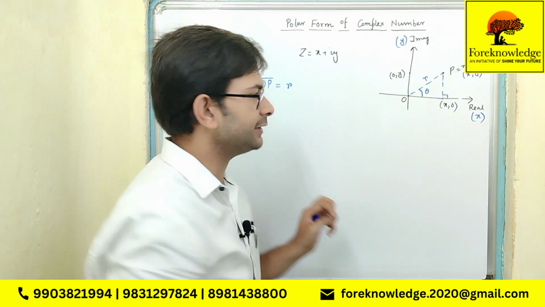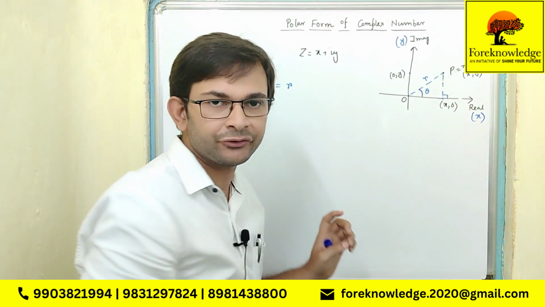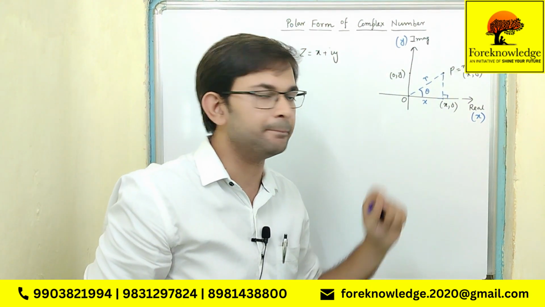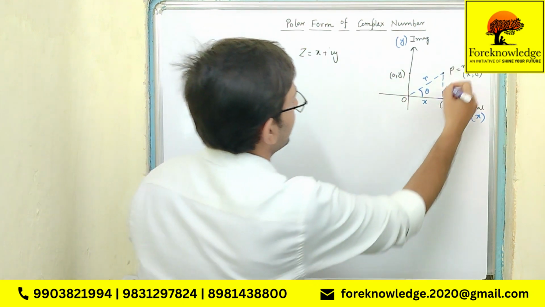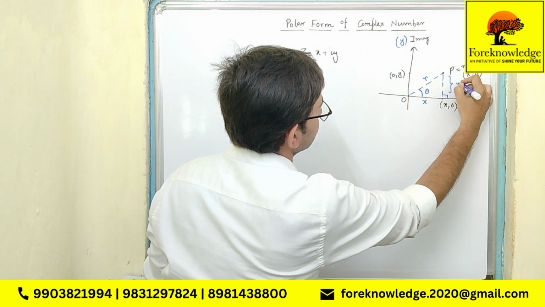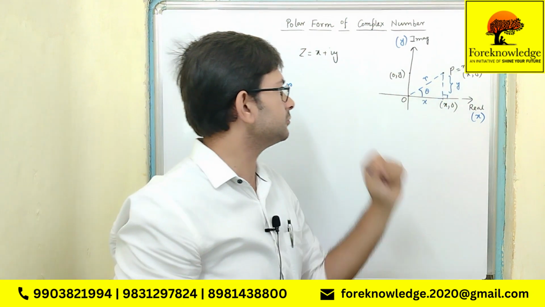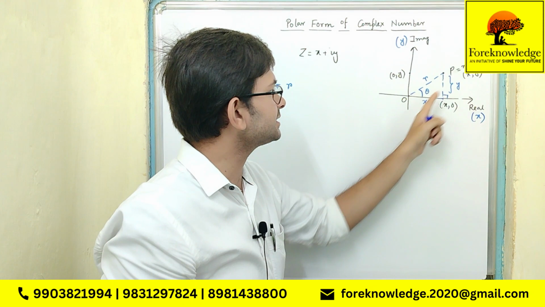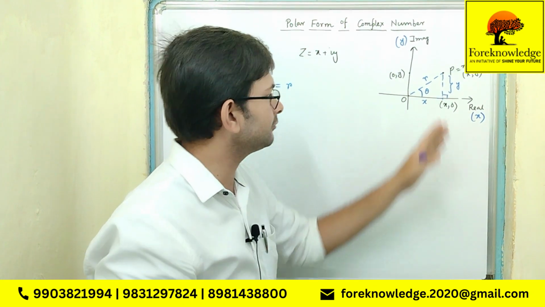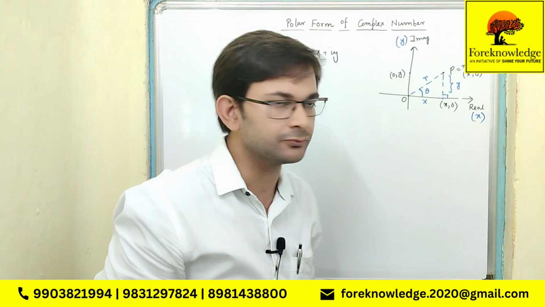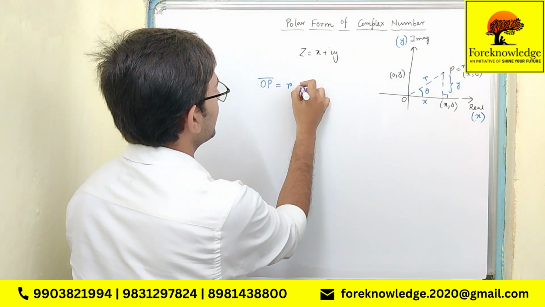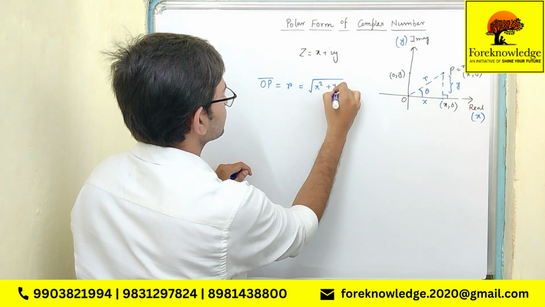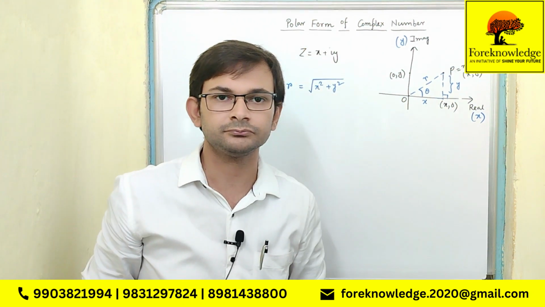This is nothing but a right angle triangle, with OP being the hypotenuse, x being the base of the triangle, and y being the height or altitude of the triangle. So in this triangle, x and y are the two sides adjacent to the right angle, and OP is the hypotenuse. So OP, which is denoted by r, is nothing but root under x square plus y square. Very simple, right?